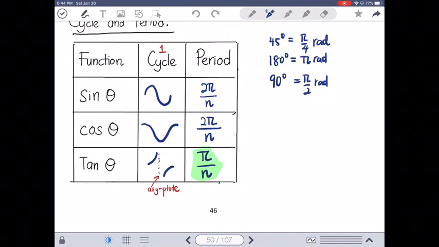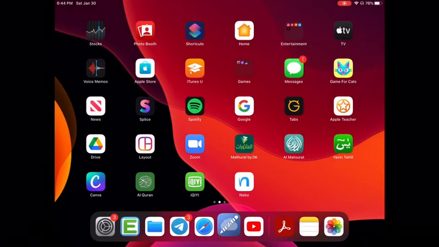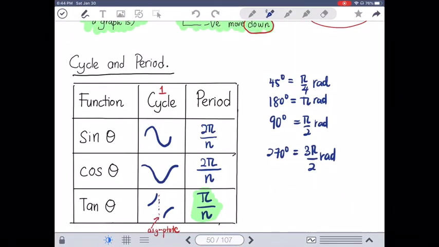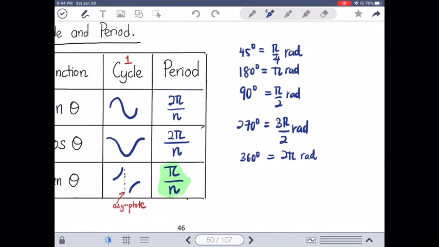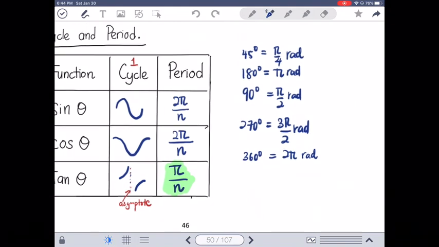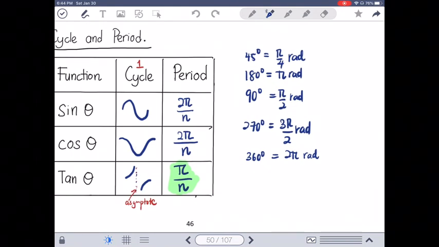And 270 degrees is equal to 3 pi over 2 radian. And 360 degrees is just equal to 2 pi radian. It's good if you could remember this. If you couldn't remember this, you can always use the method that we discussed before.